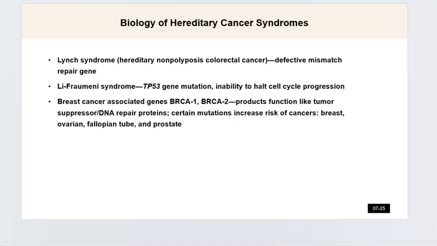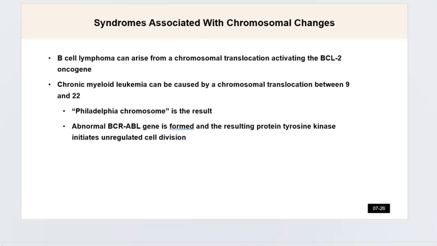If you ever hear about the Philadelphia chromosome, it's figure 7.7 in your book, and it's kind of cool because that's something you may hear along the way. And it's there on that slide. CML can be caused by the Philadelphia chromosome, and the abnormal BCR-ABL can also cause some leukemias.